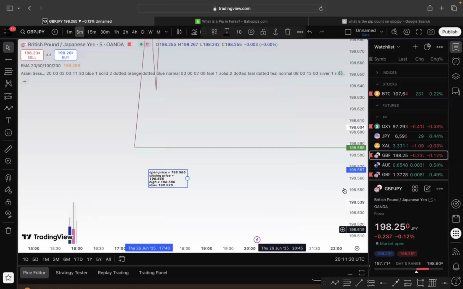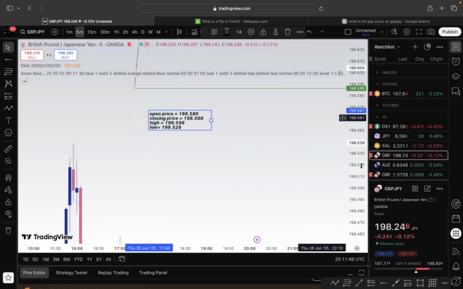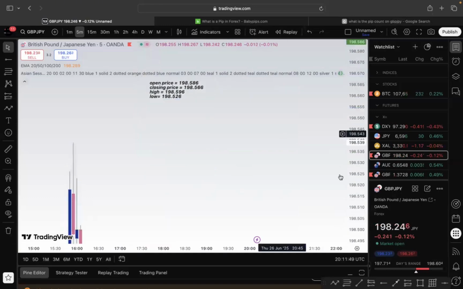Cool. Because I don't want to make this complex. Okay, so let's start calculating the pips.